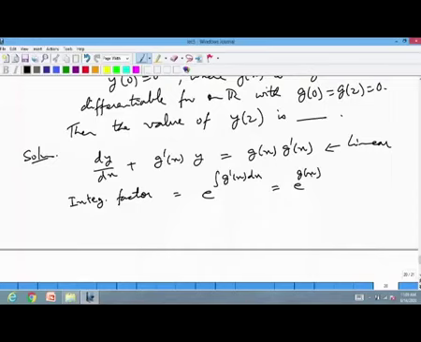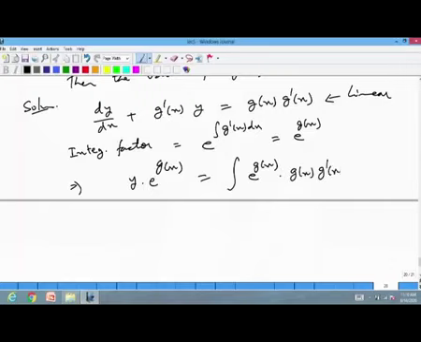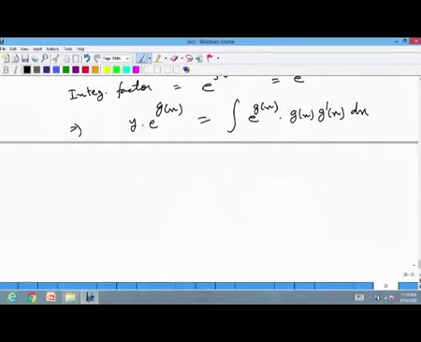So, we get e to the g x is an integrating factor here, and then we multiply by e to the g x and we get y times integrating factor e to the g x equal to integral of integrating factor e to the g x times the right hand side, g x times g prime x dx. Now, to integrate this, we use integration by parts.